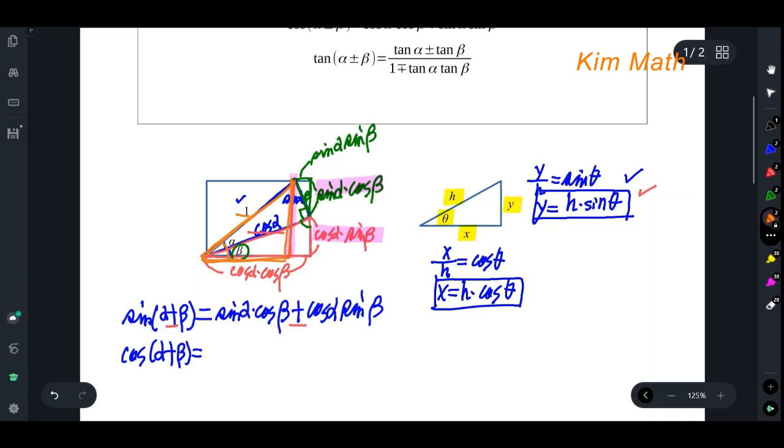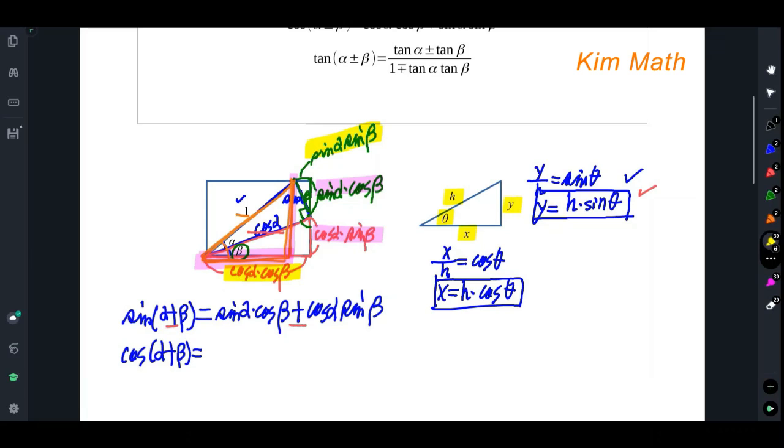In this case cosine is adjacent over hypotenuse, again the hypotenuse is 1, so you can simply try to find this one. Okay, adjacent. Again, unfortunately, we don't have any adjacent length on this picture, but we have this long side and this short side.